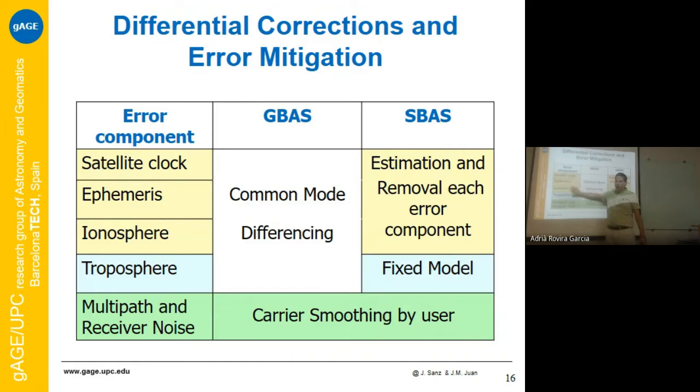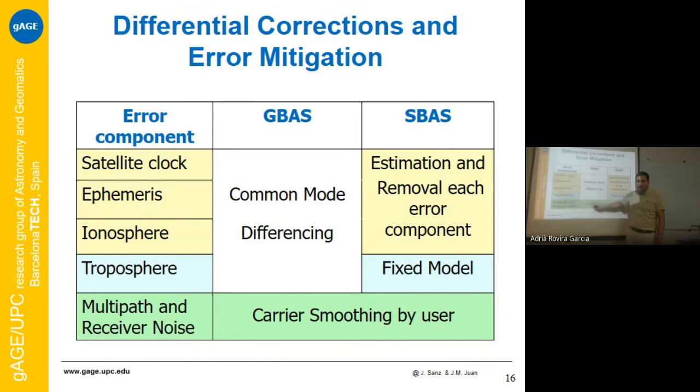Most of these terms are removed when we are differentiating the measurements from one satellite seen by a civil airplane and a nearby reference station. And then we can see SBAS. SBAS uses a different approach to mitigate those errors. Because we are covering a big country, a continent, we need to approach the problem in a broader sense.